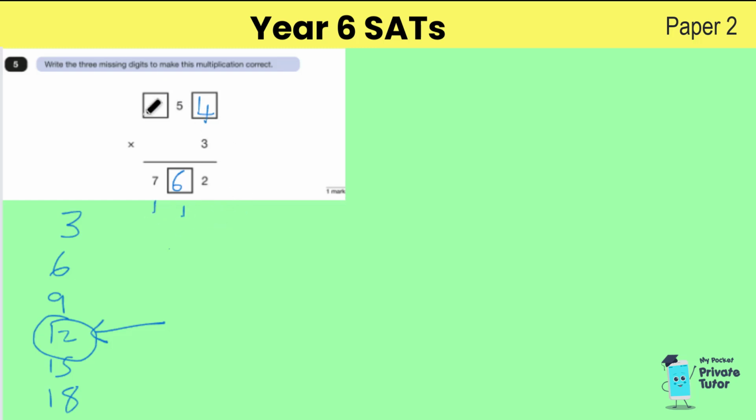And we now know that something times 3 is actually going to make 6, not 7, because wherever we multiply by 3, we're going to have to add this 1 to it to get this answer of 7. If we look down our multiples list, and we know it can only be a single digit answer, so it's only those top 3 it can possibly be, and we know it needs to be 6, so it's actually this one here, so that's 2. 2 times 3 is 6, plus 1 is 7.